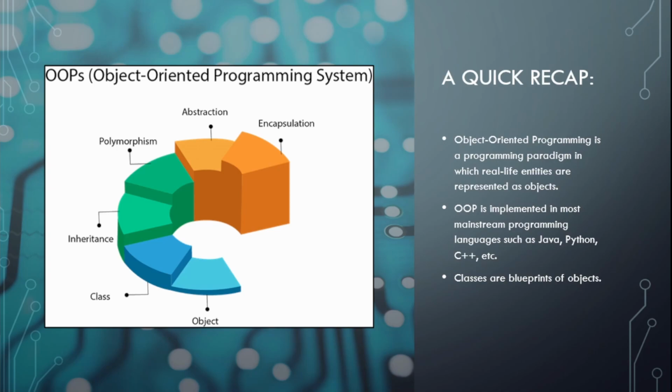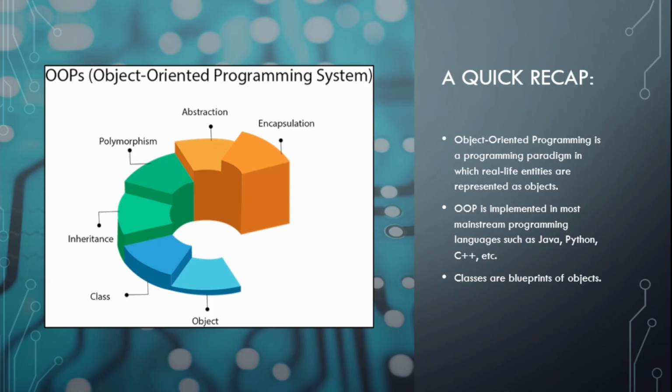We have Java, which is the one we are giving tutorials on right now, and we have Python, C++, Ruby, many different programming languages. And one main aspect is that classes are the blueprints of objects, and the objects are representations of real-life entities.